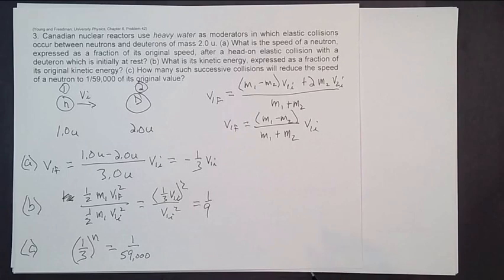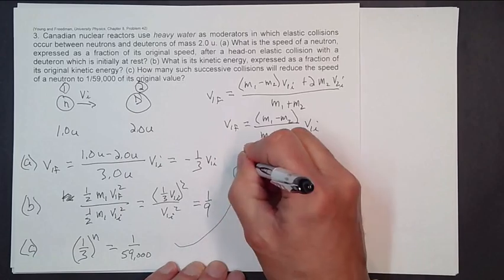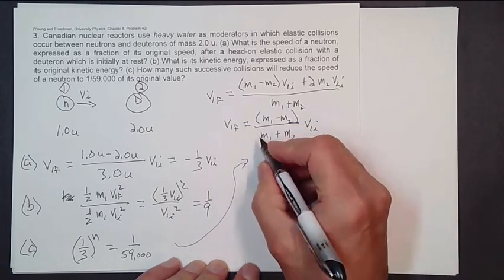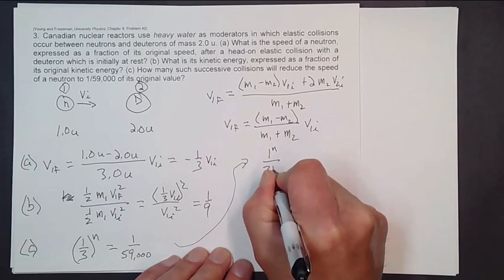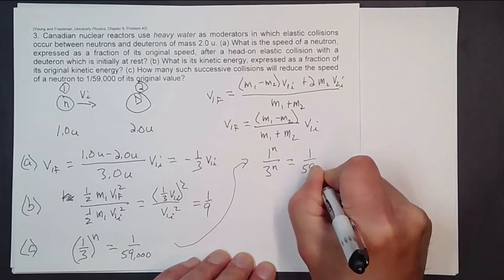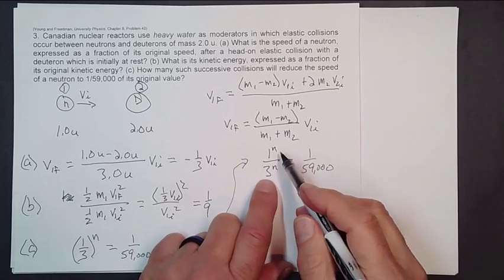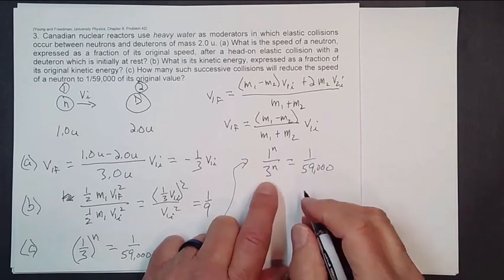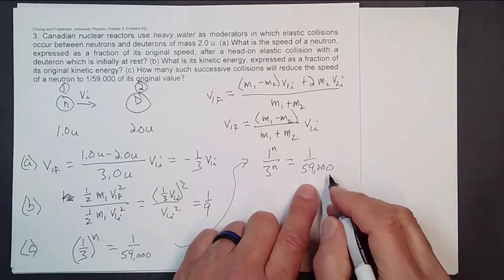59,000? Well, this looks like maybe you could take a logarithm of both sides here. If I do a little bit of work with the equation, so that I have 1 to the n on top over 3 to the n on the bottom, that'll equal 1 over 59,000. 1 to the n is just 1, doesn't matter how many times you multiply it together, but I'll end up having 1 over 3 to the n equals 1 over 59,000.